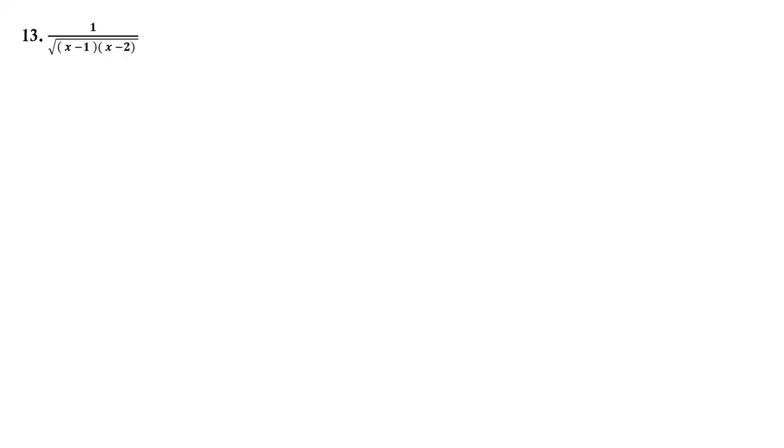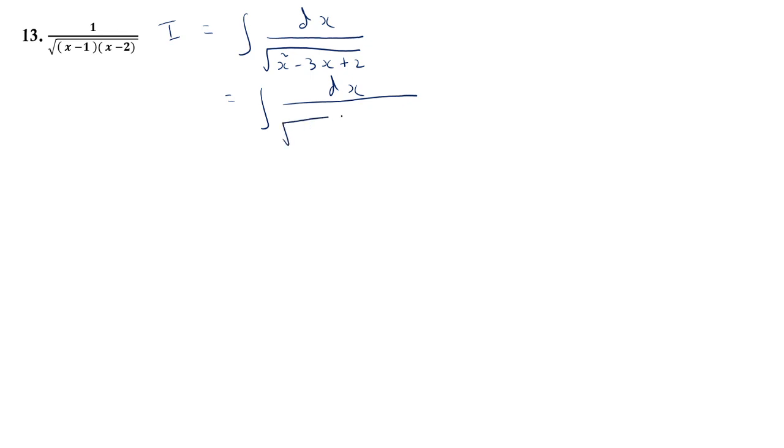The next one is 1 by square root of x minus 1 into x minus 2. So let us take I is equal to integral dx divided by square root of x minus 1 into x minus 2, which is x square minus 3x plus 2. So this is equal to integral dx divided by square root of x square minus 3x, I am multiplying and dividing by 2 into 3 by 2x, and I am adding and subtracting 9 by 4, plus 2.